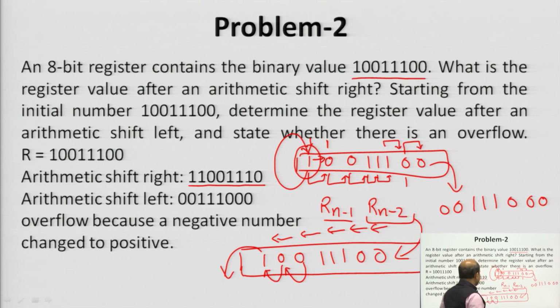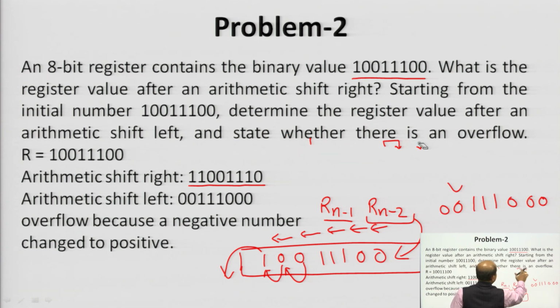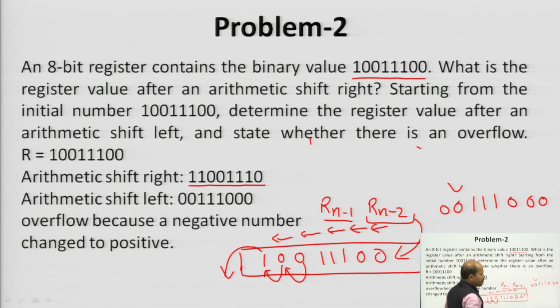So, what is overflow condition? Let us see. In case of overflow condition, we have to check the Rn minus 1 bit and Rn minus 2 bit, and if both the bits are same, then we can say there is no overflow.